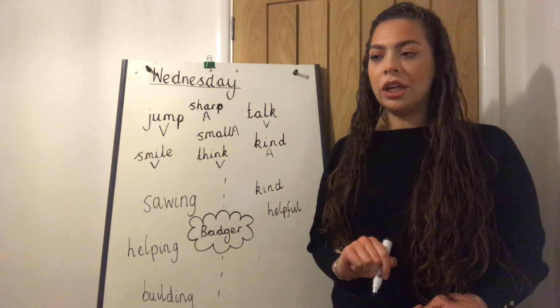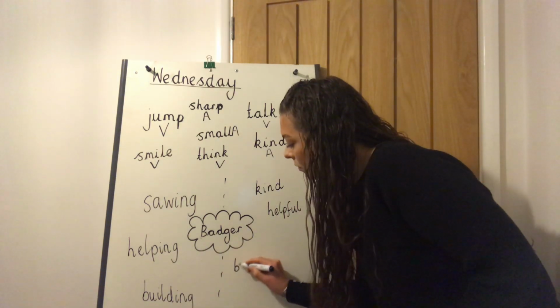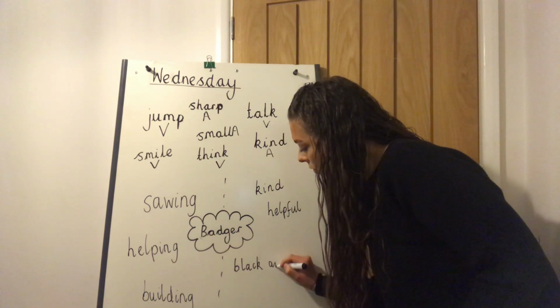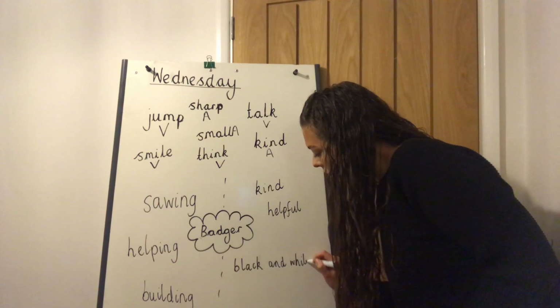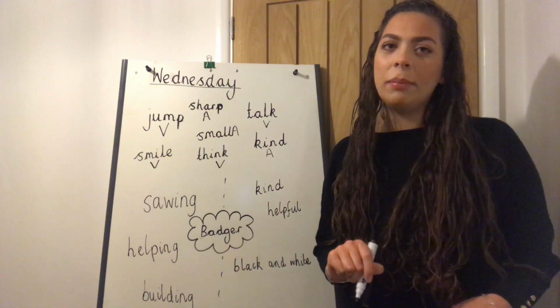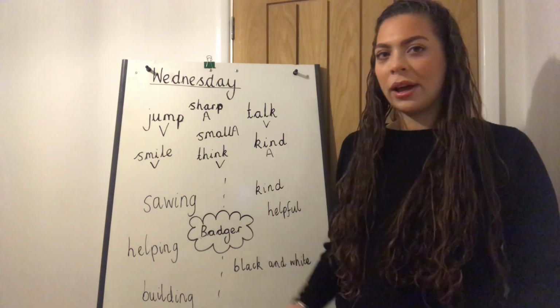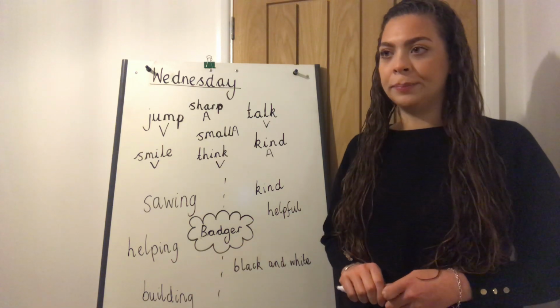Maybe now I can describe what he looks like. Well, he's black and white. And I would say, by the look of the picture, he has quite short fur. It's not really long and wavy. It looks short and spiky.